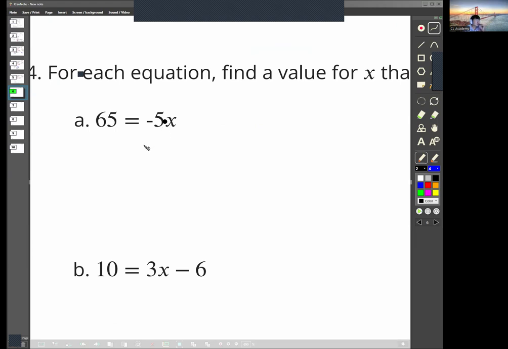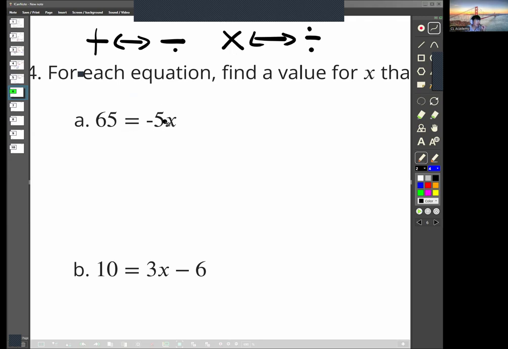So whenever we solve these equations, we need to do inverse operation. Inverse operation means we just need to find the opposite operation. Inverse of plus will be minus. Minus inverse will be plus. Multiplication inverse will be division. Division inverse will be multiplication.